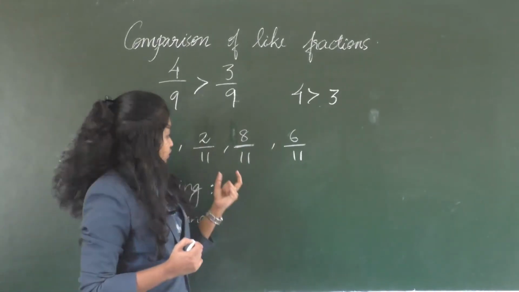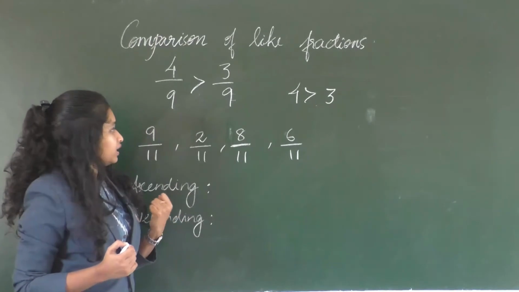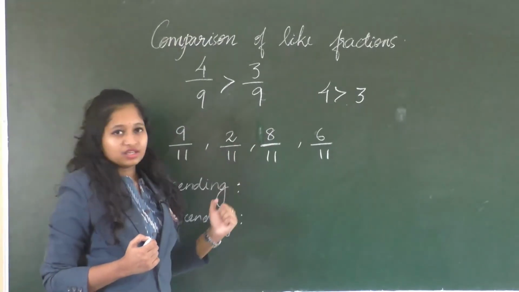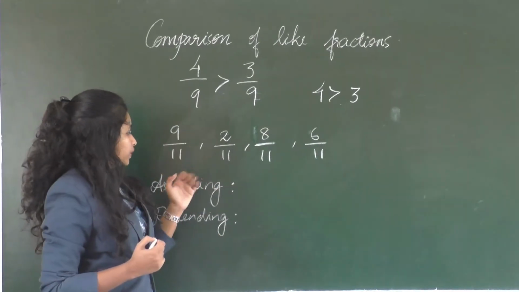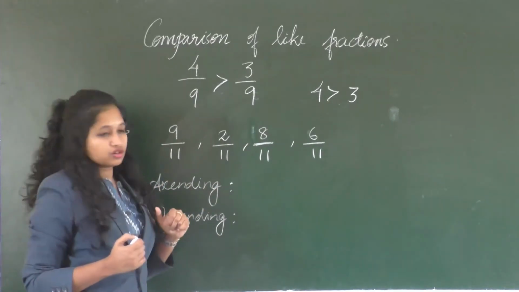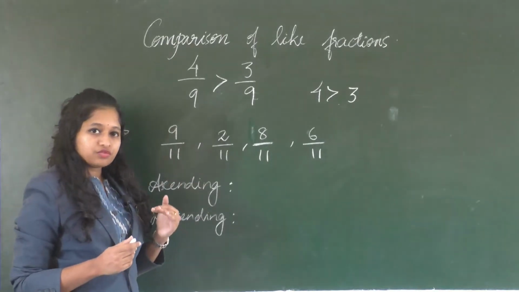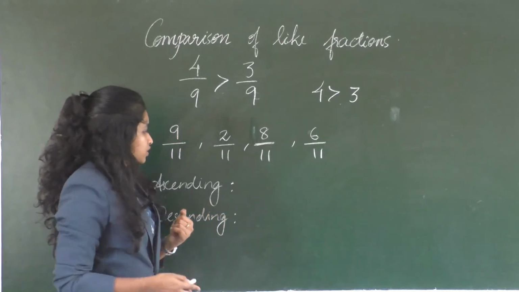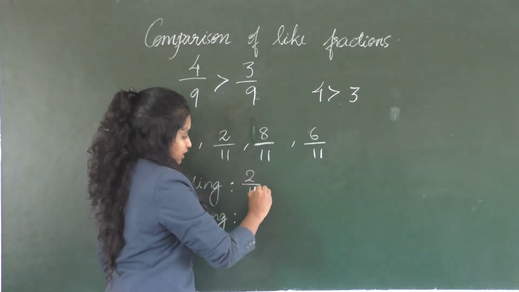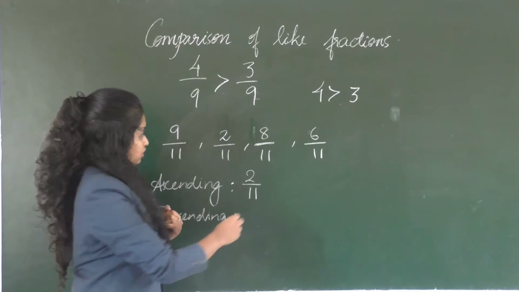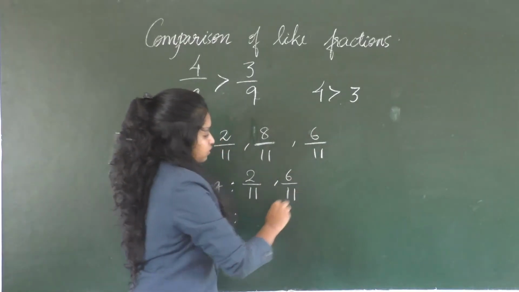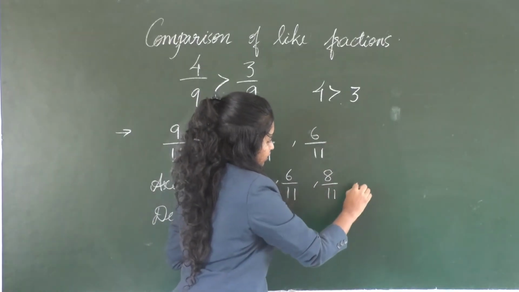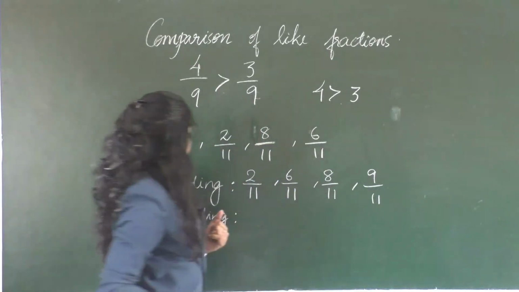It is 2 by 11, and then next is 6 by 11, next 8 by 11 and 9 by 11. So ascending order is arranging the numbers from smallest to largest, isn't it? So let's write 2 by 11 first, next 6 by 11, next 8 by 11 and at last 9 by 11.